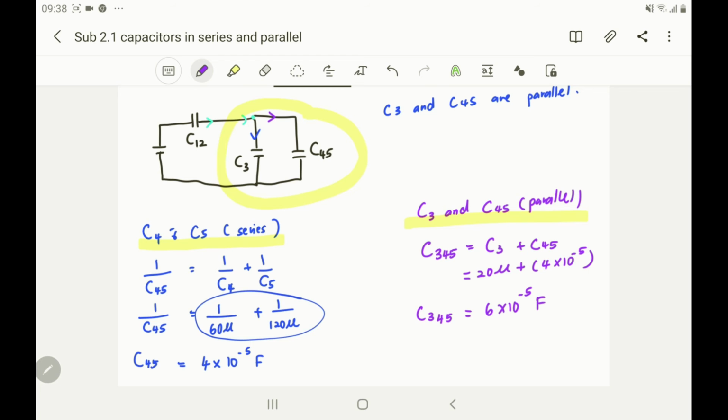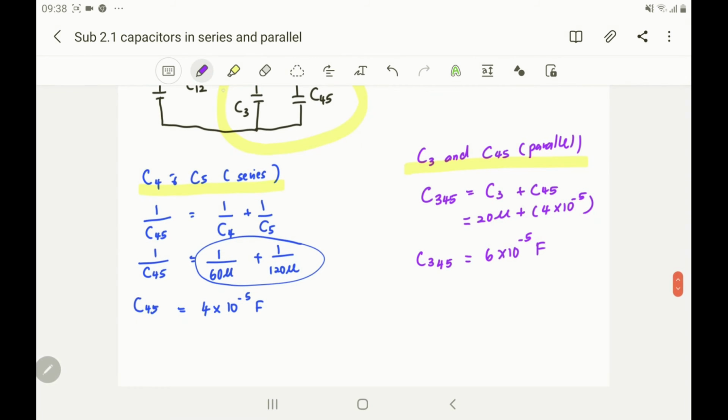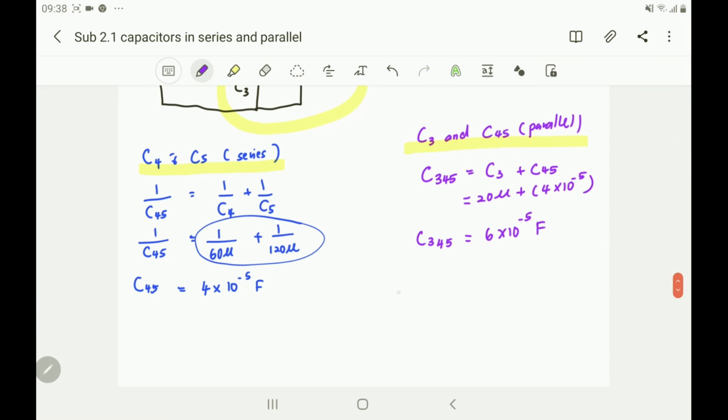So after we combine C345, we have a new circuit here, a new diagram, and they are in series. So C1 and this is C345.